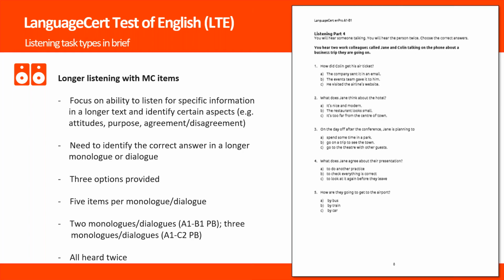They will be presented with a longer monologue or dialogue. 3 options are provided each time, and 5 items are set per monologue or dialogue. There will be 2 monologues or dialogues for candidates taking the A1-B1 paper-based test, and 3 monologues or dialogues for those taking the A1-C2 paper-based test. All monologues or dialogues are heard twice. This slide concludes the examples we shared with you related to the listening test.